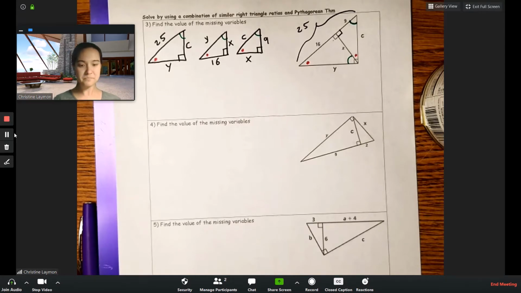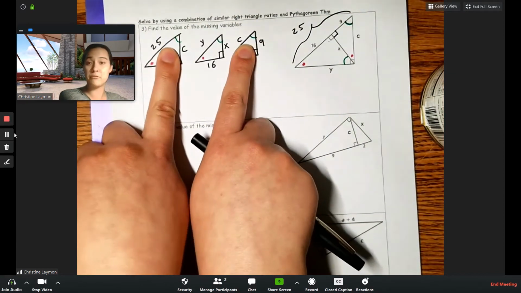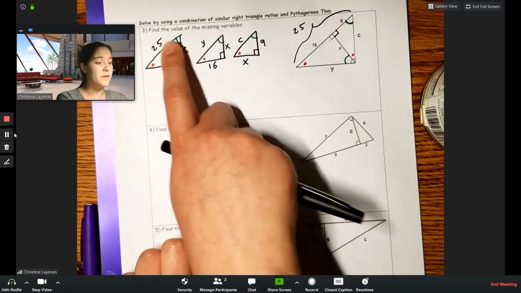So in Chapter 8, our proportions had 3 numbers and then probably just one missing variable. Well, right now we might have something a little bit more complicated, but it's still done in about 2 to 3 steps. So for the first one here, notice that if I take a look at these 2 triangles and I look at the hypotenuse and the right side, I have 25 and c.